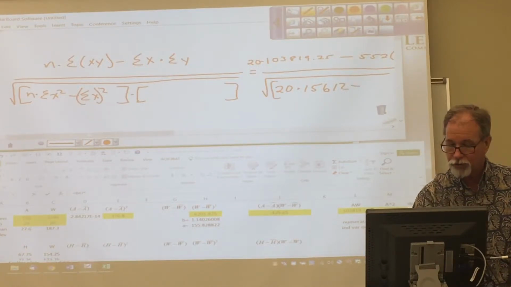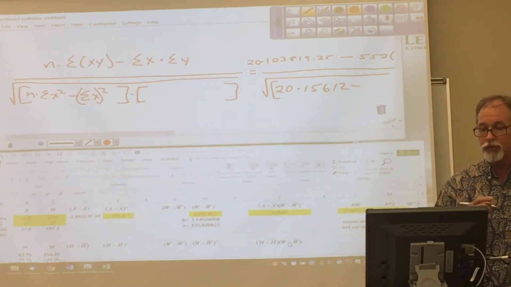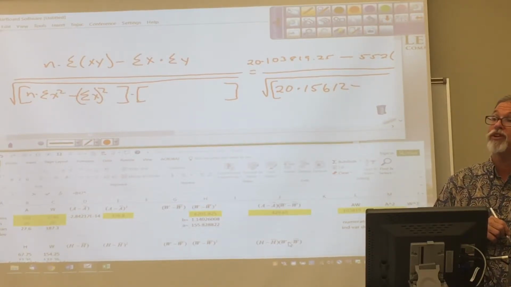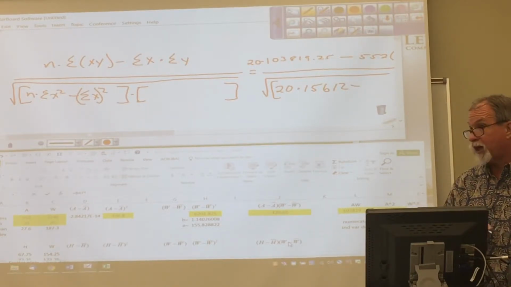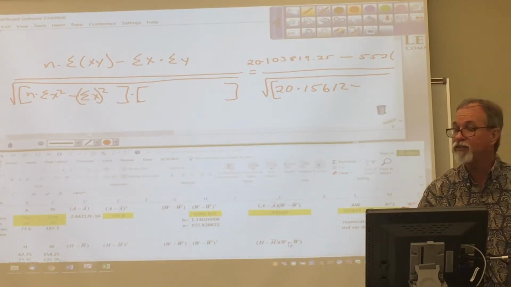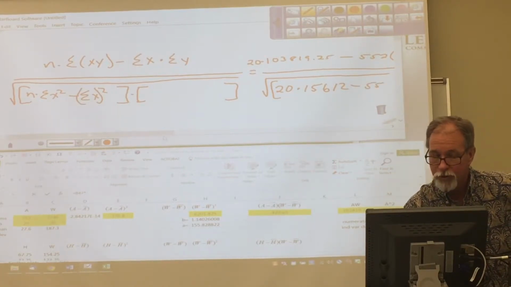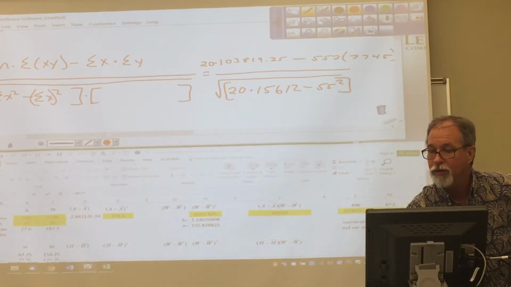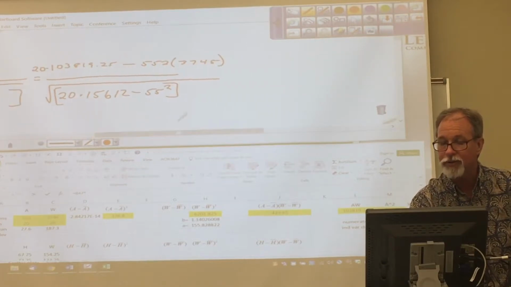And then I'm going to subtract the summation of x, which is the summation of A, 552, squared. So that's half of my denominator.